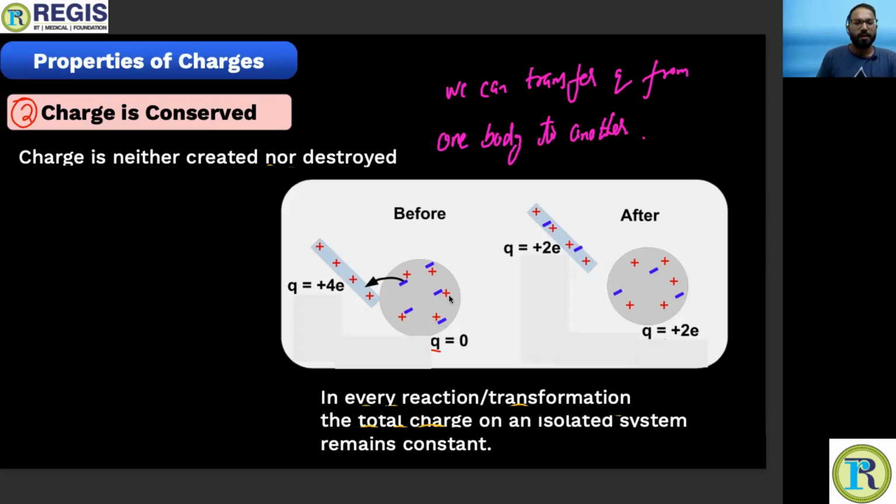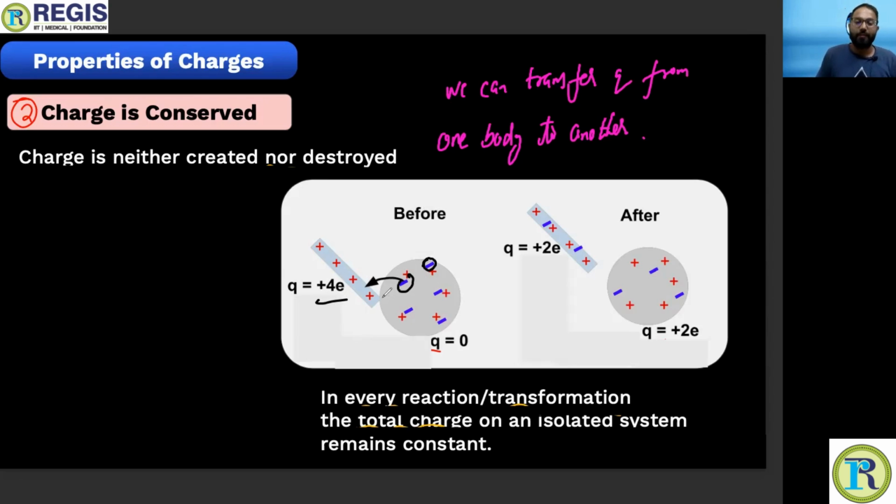Before, there is the same number of negative and positive charges. Now let's suppose there is a rod of charge positive 4e. What does it mean? It means it has lost its electrons. Now there will be a tendency of attracting electrons from other bodies.